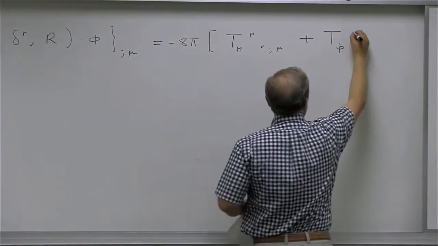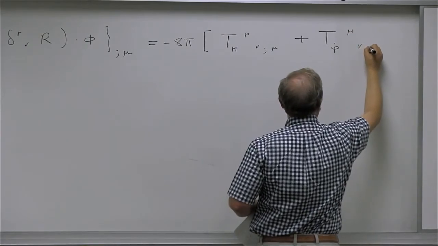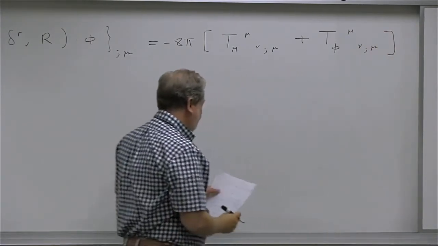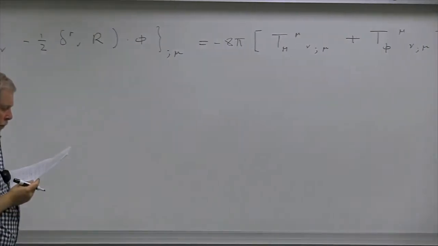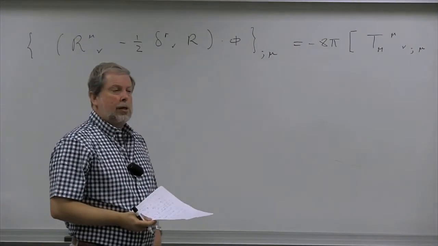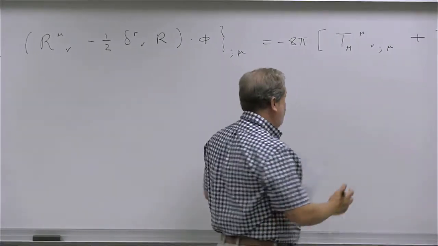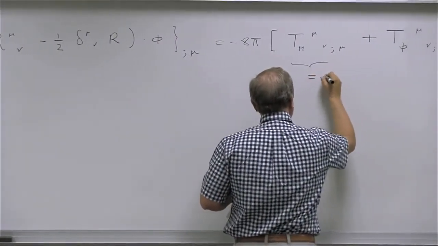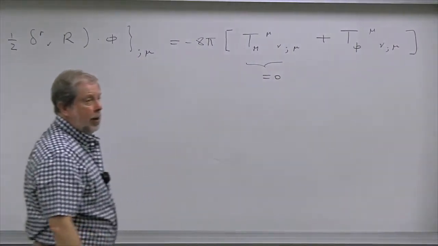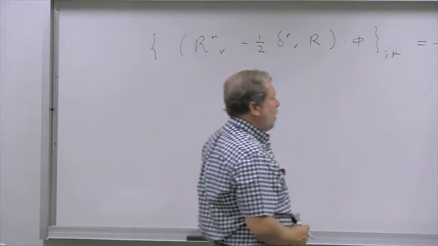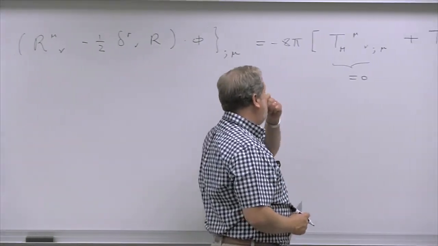So it's going to be a mu and a nu and then a semicolon mu, and like that. Well, we do know a few things. We certainly do know that the matter contribution is going to be 0 because the energy momentum tensor for matter is supposed to be 0. So we're still going to require that the energy momentum tensor for matter is going to be 0.